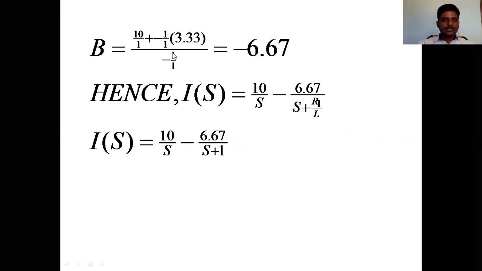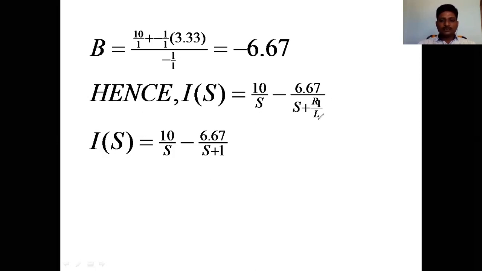Now substitute the value so that you will get B is equal to 6.67. After finding these arbitrary constants, you have to substitute them in place of the arbitrary constants, so that you can write I of s is equal to 10 by s minus 6.67 by s plus R1 by L. Now you have to substitute the values of R1 and L also.